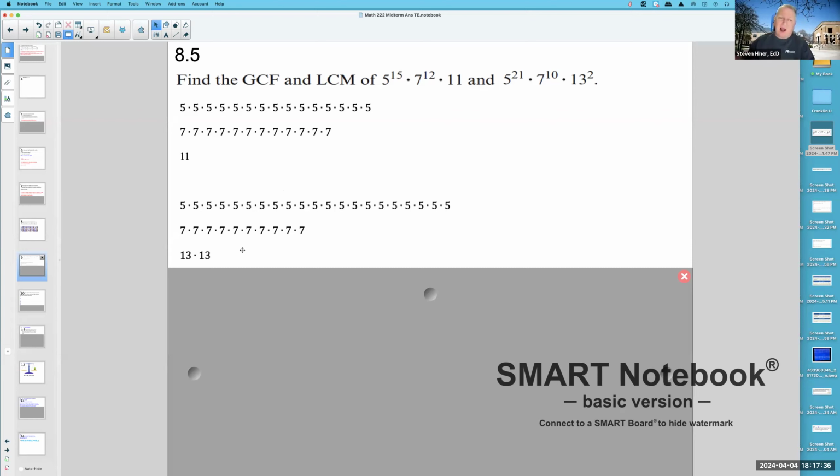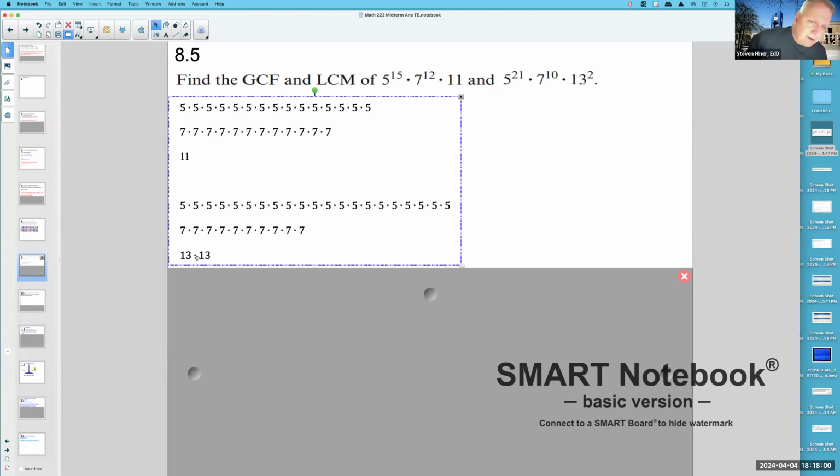So there's nothing in common for these two numbers with the 11s and the 13s. It's kind of like a number having all these 5s and 7s in it, plus an 11. This one has all these 5s and 7s and a couple 13s. The 11 and 13 are not common to both numbers.